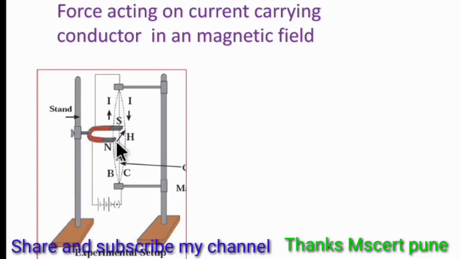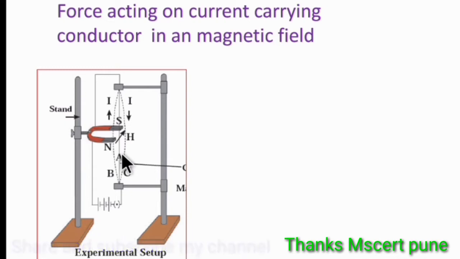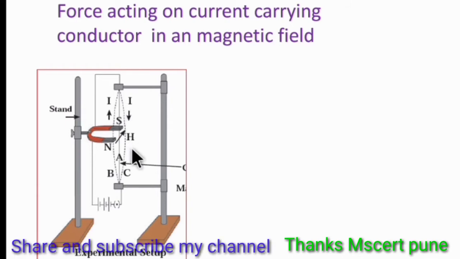When current is not flowing through the wire, it remains straight at position A. Whenever the current flows from top to bottom, the wire bends and comes into position C. Here is the wire's position C. It bends in the outward direction.